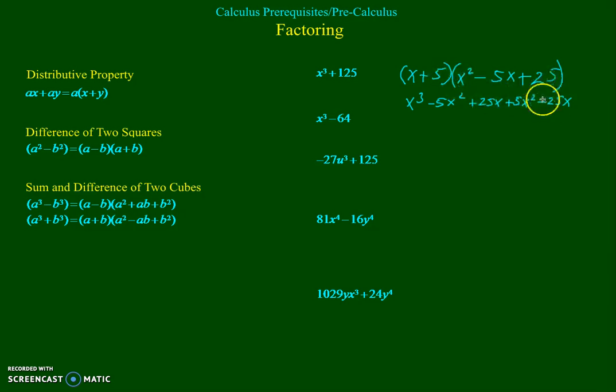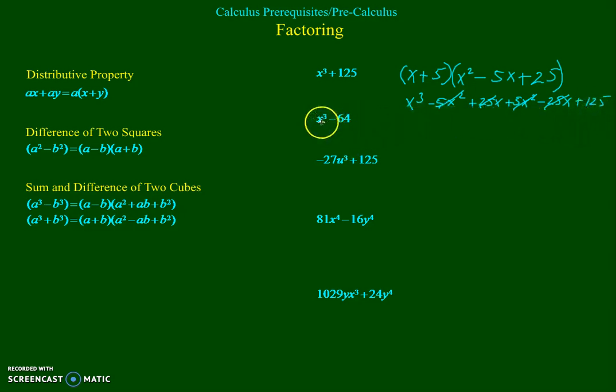And 5 times 25 is 125. You can see that the first two x squared terms cancel out, the 25x's cancel out, and you're left with x cubed plus 125. All right, let's move on to the next one.